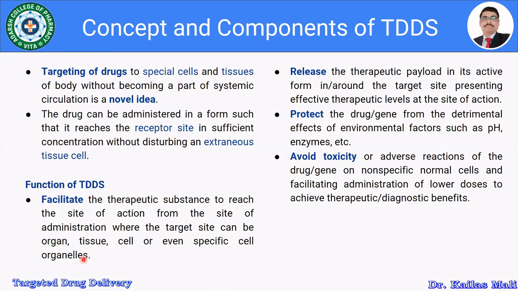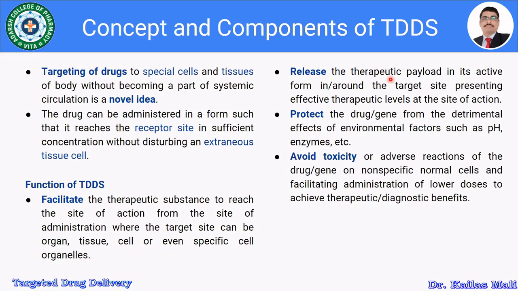For a colon targeted drug delivery system, generally the formulation is given by the oral route and there might be chances of drug release into the stomach or small intestine. So the targeted drug delivery system should facilitate the therapeutic substance to reach the site of action, that is the colon, from the site of administration.